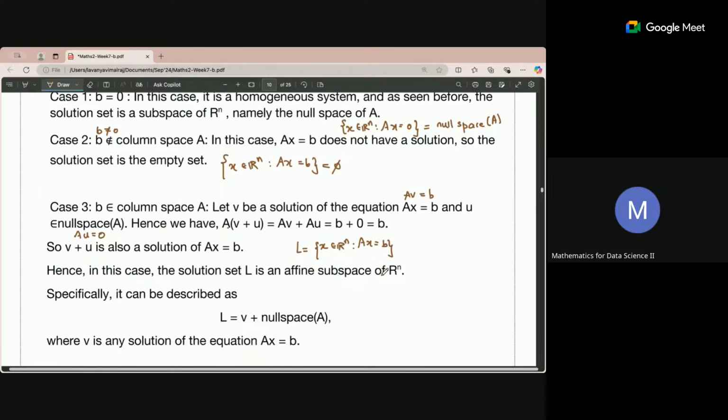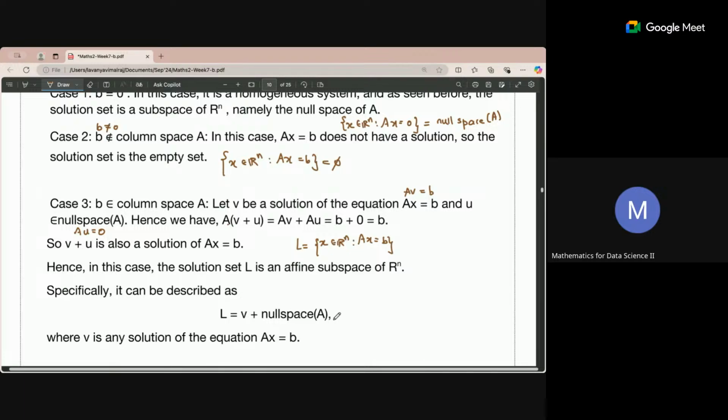And how do you write it in terms of a vector plus a subspace? This is the corresponding subspace, and you choose any solution of Ax = B. That gives you a representation of the form V plus U. So this is an affine subspace written in this form, and this is the corresponding subspace for this affine space.